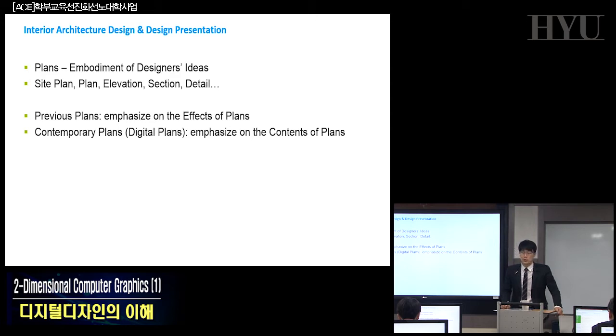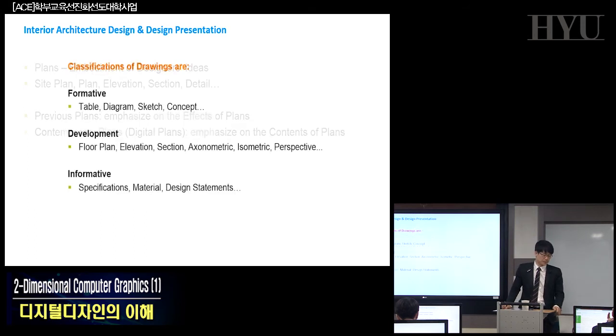No need to worry about them. So visual effects are kind of controllable. You can define them using the computer interface. So we can keep focusing on the major content, the major story of your plans, okay? That's the major difference between before and after.